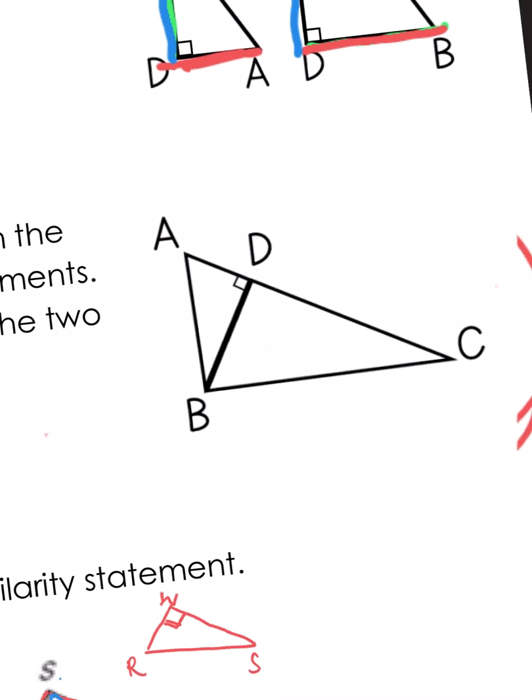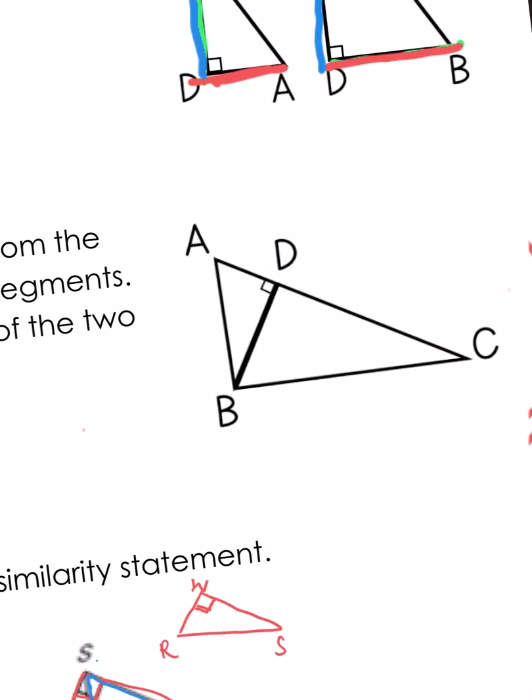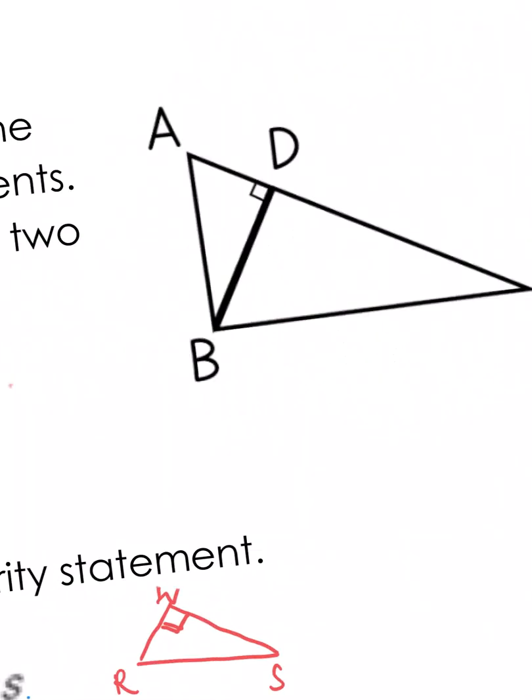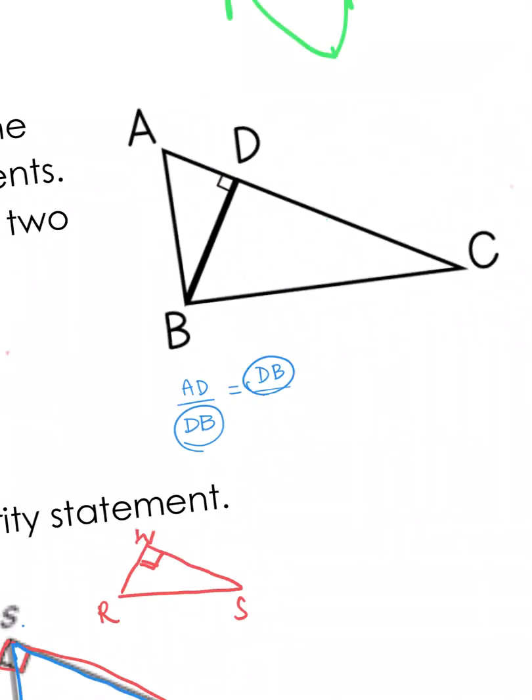was, sorry, that erasing is bothering me. AD over dB is equal to dB over DC. So if we break down the parts of this, AD is this piece right here, and that is part of the hypotenuse.